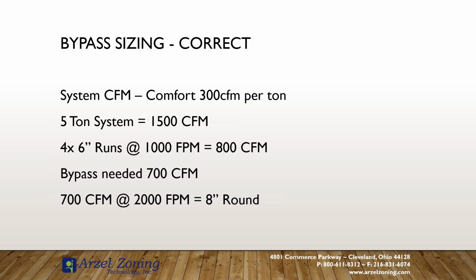So rather than 200% airflow through those 6-inch runs, we're going to figure that at 150% airflow. Instead of 800 CFM, it'd be 600 CFM, which gives me a bypass requirement of 900 CFM, and that would be a 10-inch pipe rather than an 8-inch.